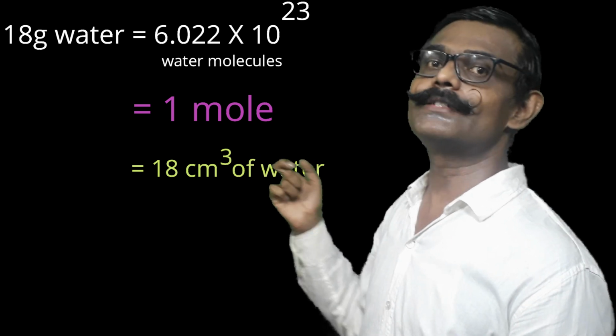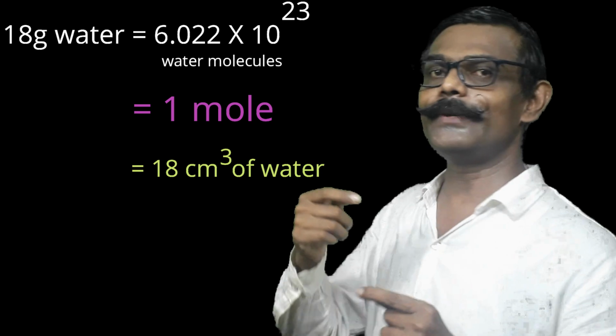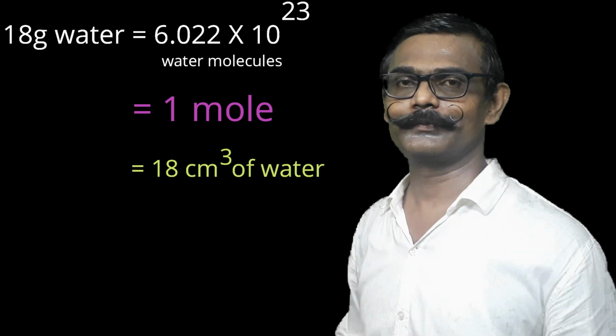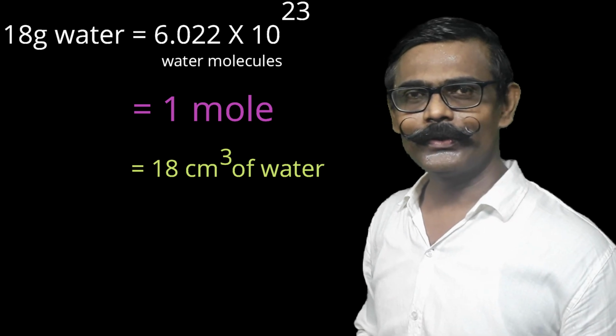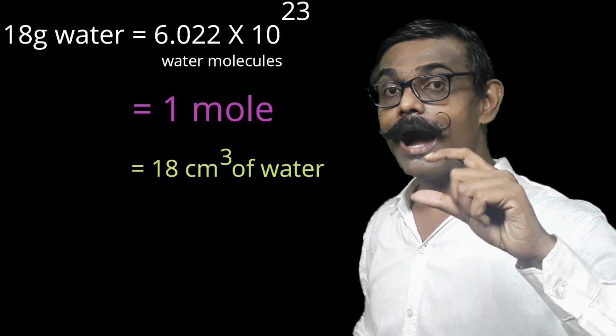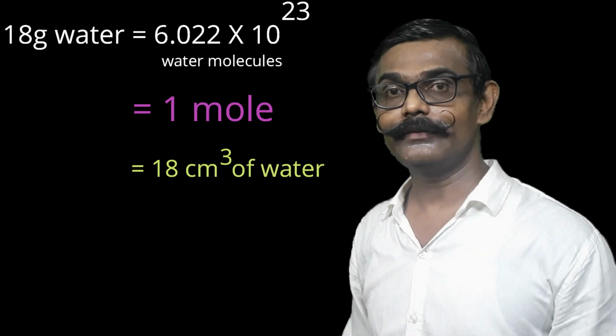Then 1 drop means how many molecules? Now you need a relationship between the ml and a drop. Do you know what is the size of 1 drop? Or in 1 ml, how many water drops can be included?